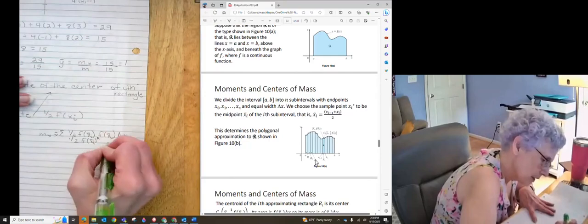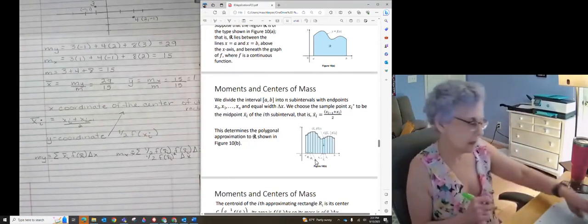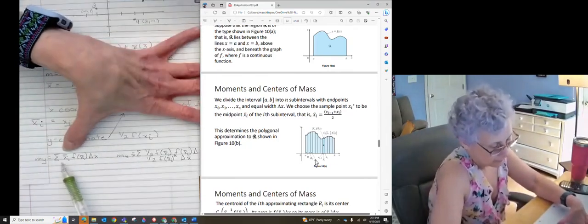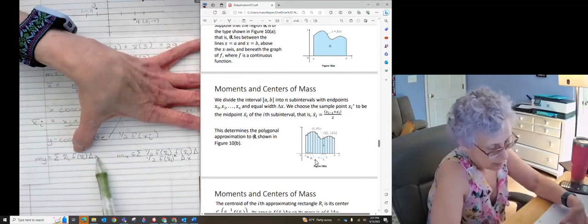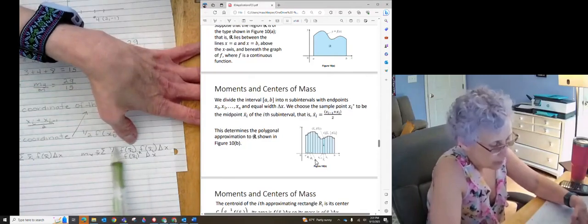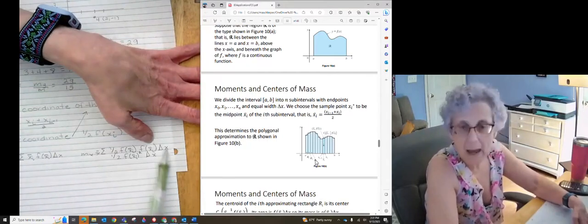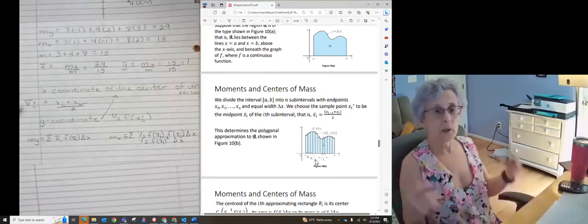And now we'll square this times delta x. Okay. Hopefully I made it through that okay. So we add up the x coordinate, and then this is the mass. We add up the y coordinate of the center of the strip, and this is the mass of that strip. Now you can see where we're going.